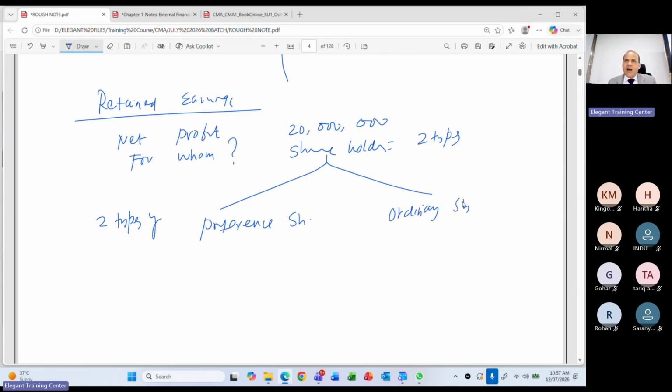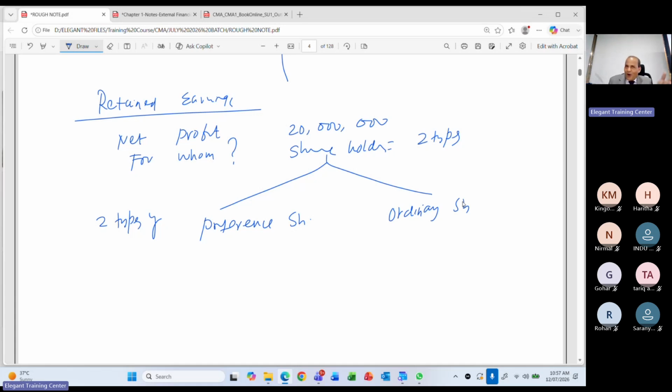So shares can be of two types: ordinary shares and preference shares. What is the meaning of preference? Advantage. Some advantage is called preference. So preference shareholders get some advantage, some preference over the ordinary shareholders.